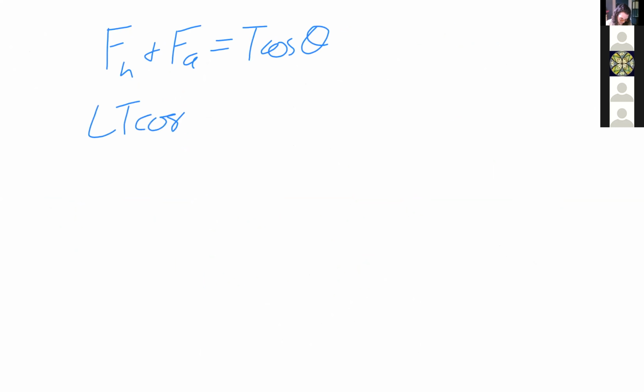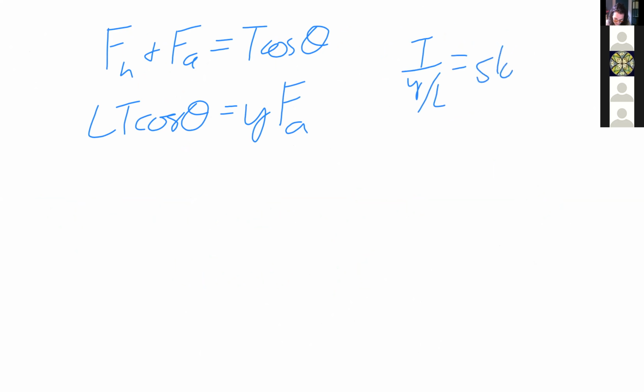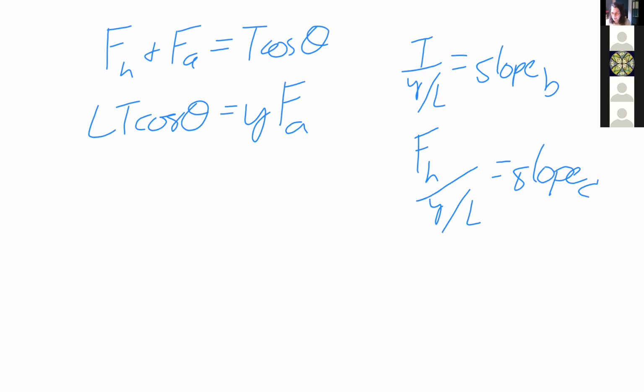And from the graphs, I have a relationship of T on y over L is equal to the slope of graph B. And the second graph gives us that the ratio of f sub h to y on L will be the slope of graph C. And ultimately, I want to find theta.